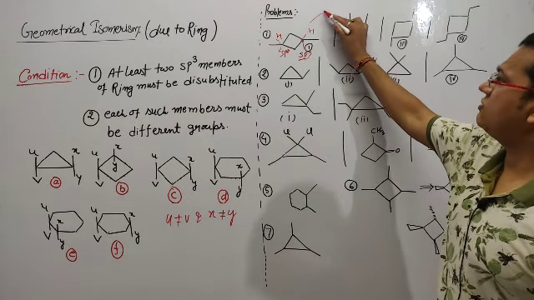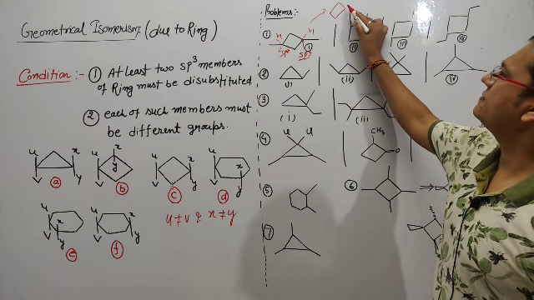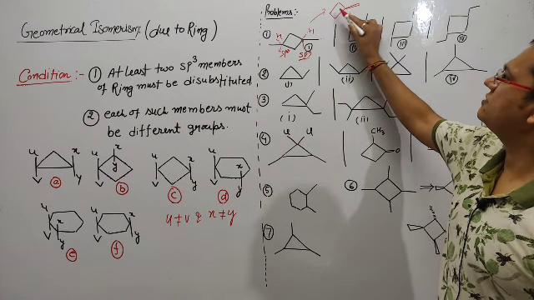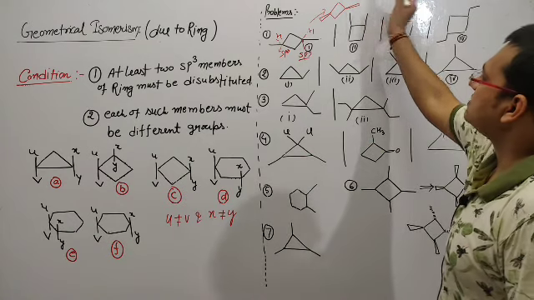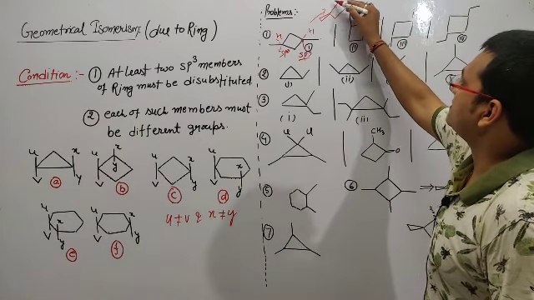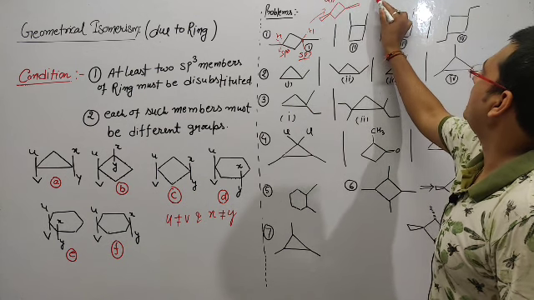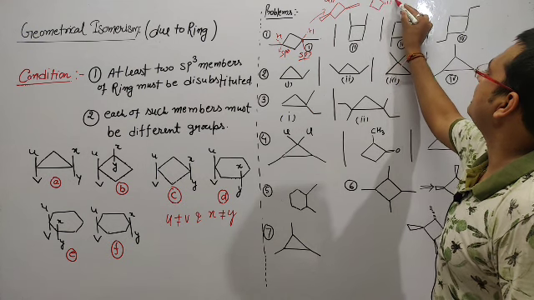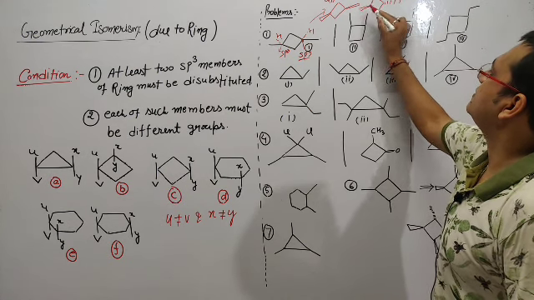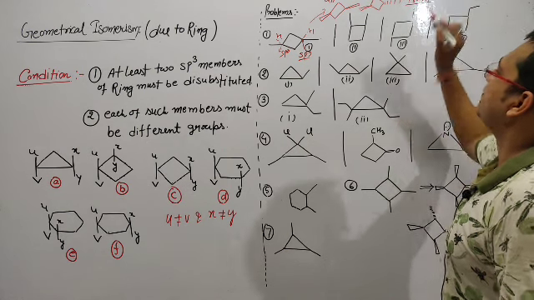If this is wedge, then this is the cis form, and for this case one is wedge and another is dash, so this is the trans form. So 2 GI forms.